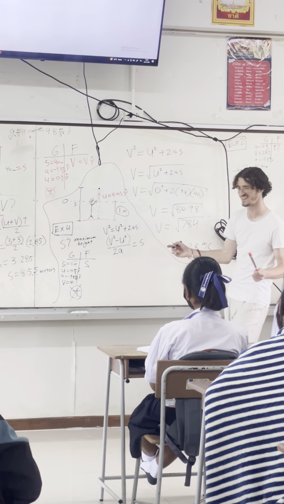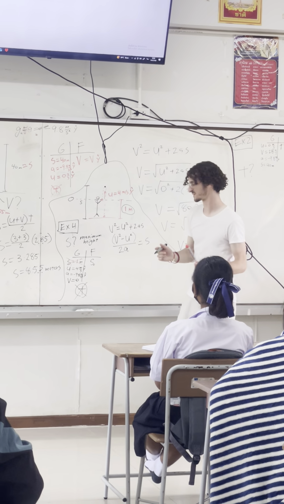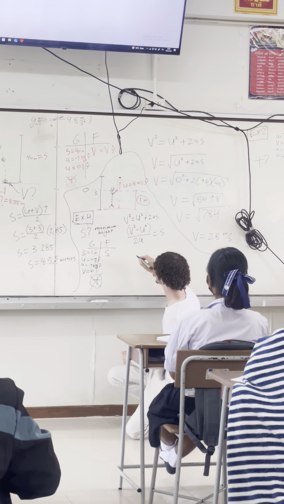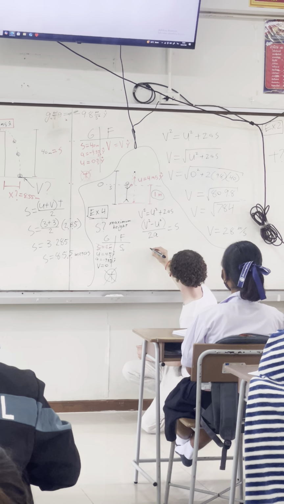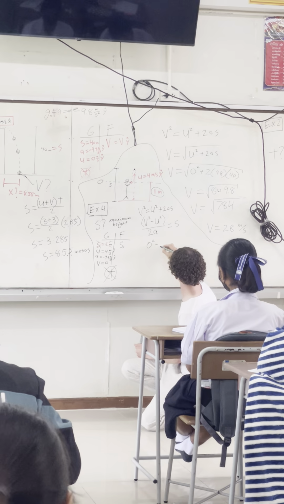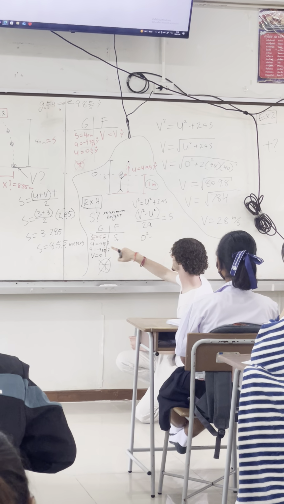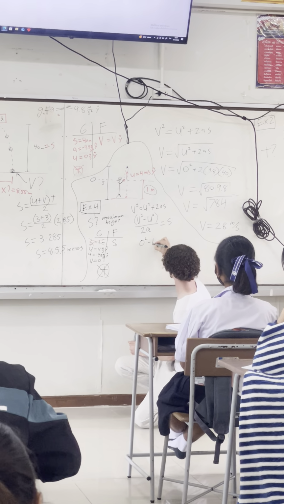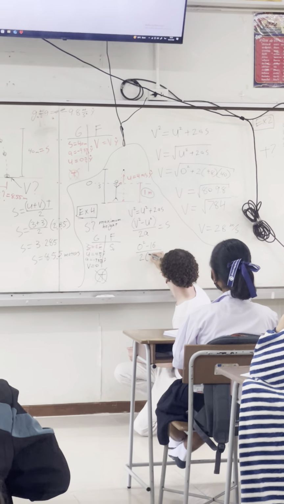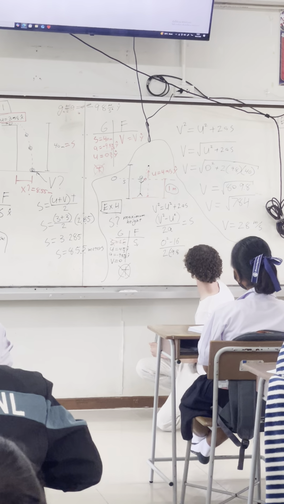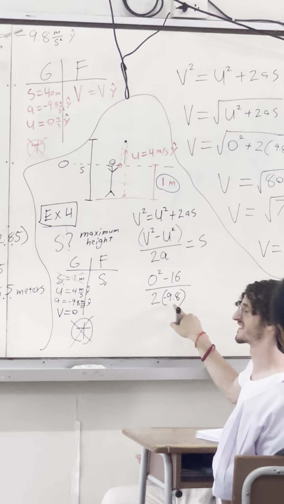Algebra. Okay. Now, numbers. v is 0, minus u squared, 16, over 2 times negative 9.8.